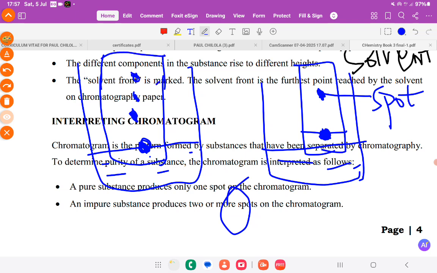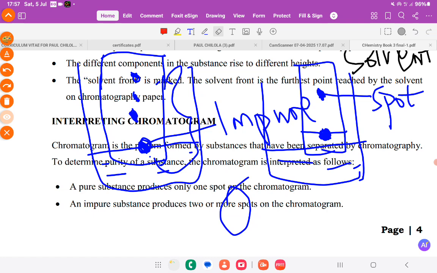That shows that the original substance was impure. So we're saying an impure substance produces two or more spots on the chromatogram to show that the original substance was impure.